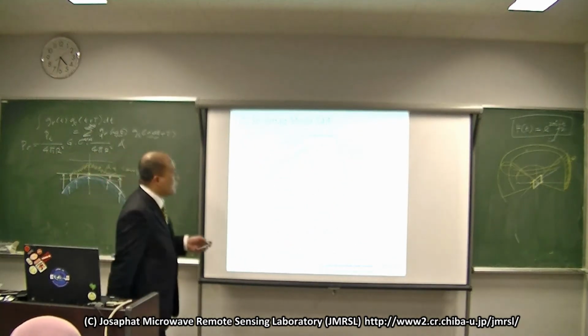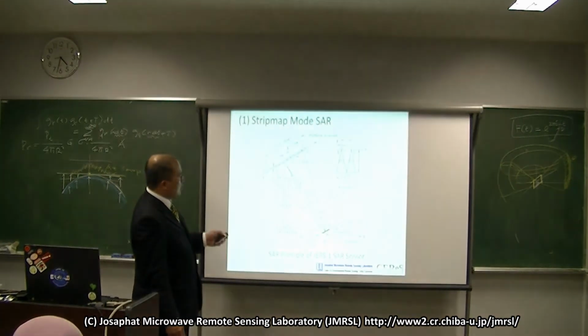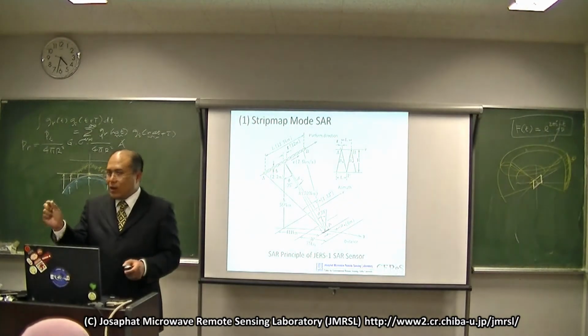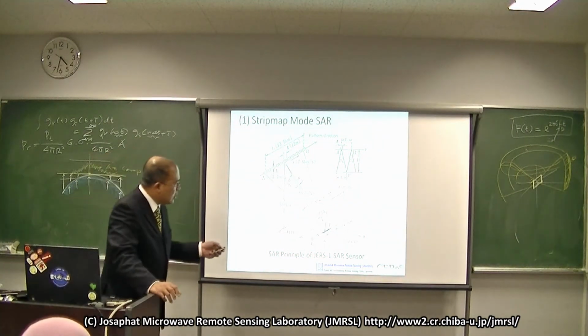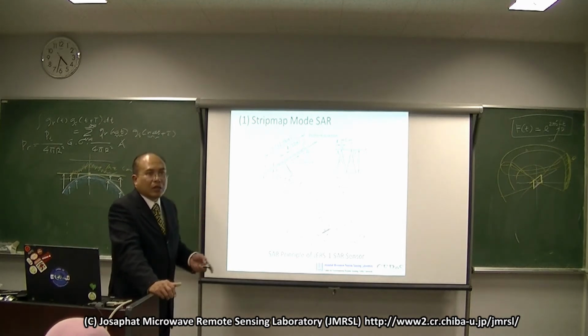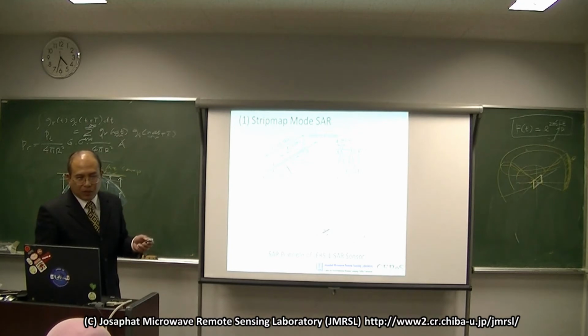It's very fast. And the beamwidth here is just 1 degree, to generate a resolution of 6 meters, half of our antenna length. It is the stripmap mode of the Jet one.